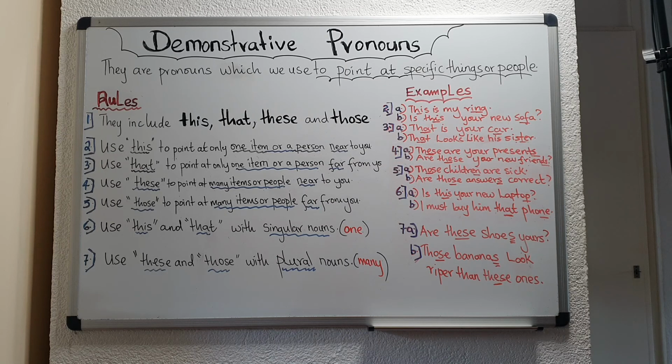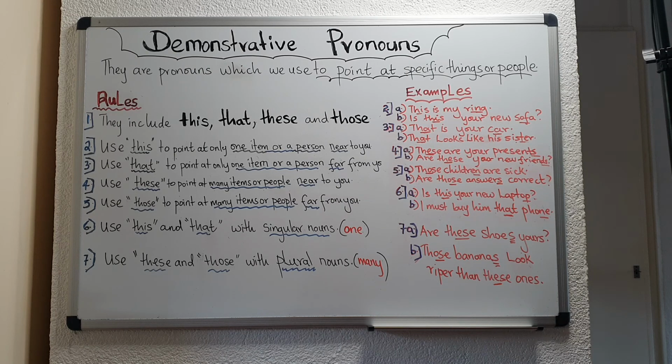And you have just passed a bunch of bananas, and a few minutes down the line, you've come across other bananas, and you're discussing with your husband or your friend and wondering which bananas are we going to buy. And he says, let's buy these ones. And you say, no, those bananas, those ones, the ones that we just left a few minutes ago, those bananas look riper than these ones. They look riper than these bananas, okay?